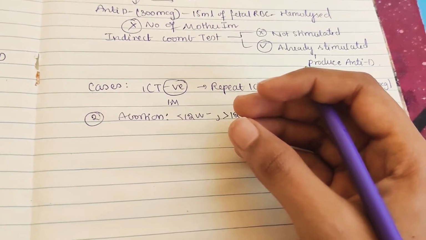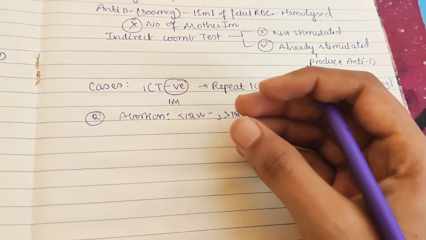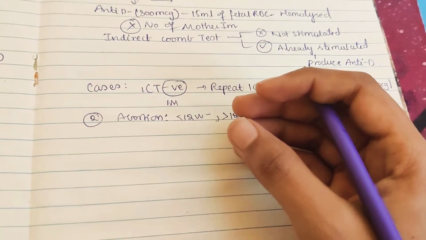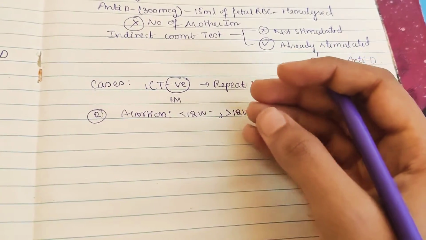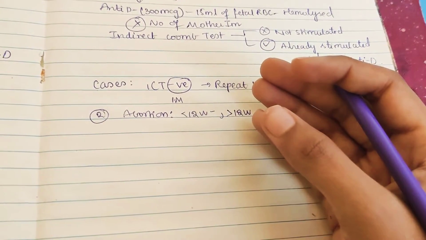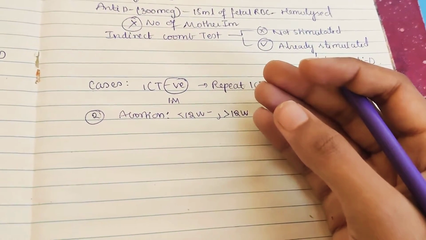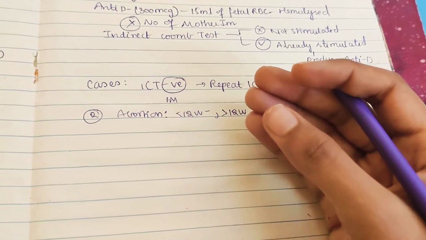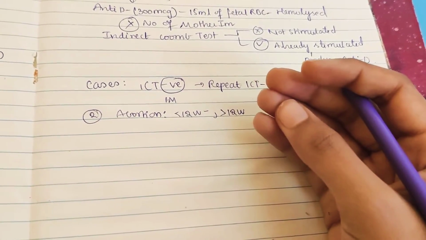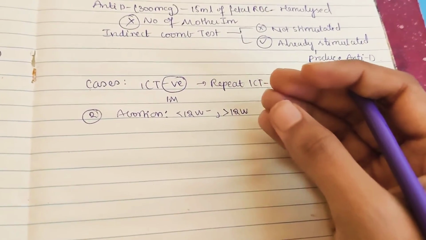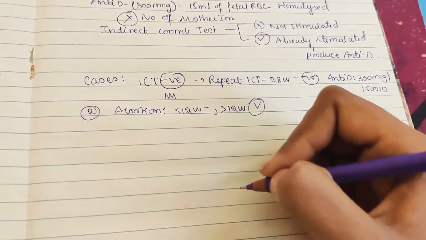Even in abortions less than 12 weeks we need to give, greater than 12 weeks we need to give, in ectopic pregnancy we need to give, in molar pregnancy evacuation, in chorionic villi sampling. So in all these conditions we need to give anti-D, even though they are already completed.